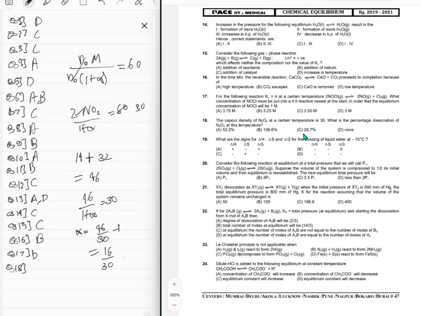There we go. Now you know what alpha is. You want the percentage dissociation, so it's going to be 160 upon 3 percent, which is 53.33 percent. So A. It's supposed to be D, I think.